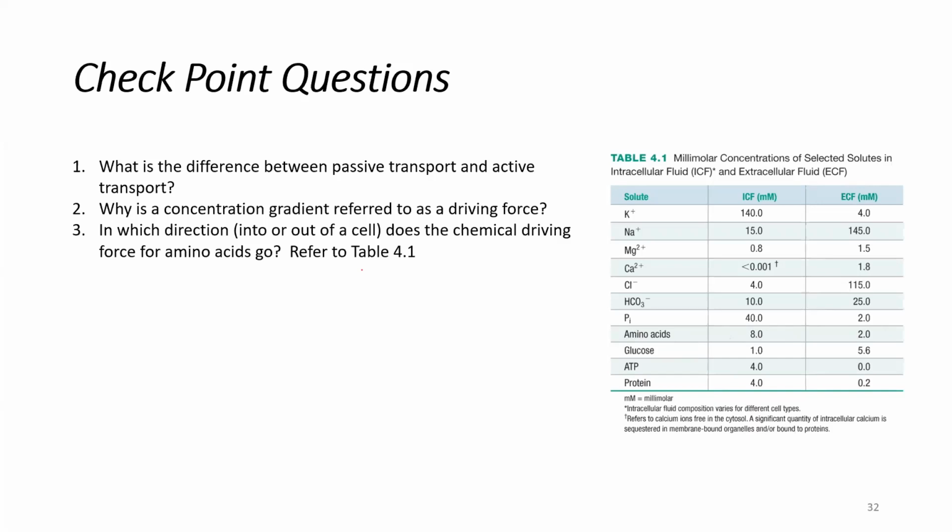Because the concentration is smaller outside of the cell, it would want to move outside of the cell. Perfect, thank you. Because it has a higher concentration intracellularly and a lower concentration extracellularly, it's going to want to move from high to low, which is outside the cell.